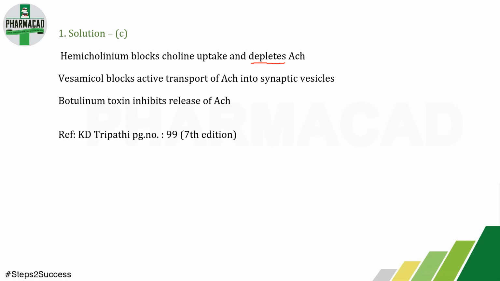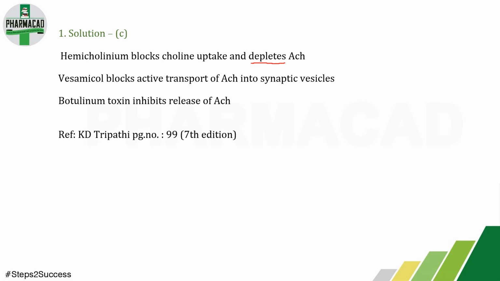Then we have vesamicol. Vesamicol inhibits the uptake of choline, but the actual function of vesamicol is that it blocks the active transport of acetylcholine into the synaptic vesicles. Then they have said botulinum increases the acetylcholine release.